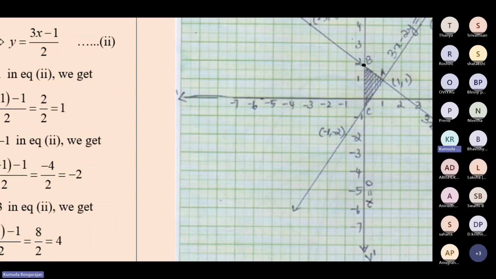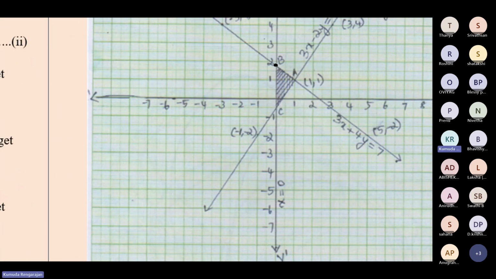But it's not passing through 2. We can see that it's not passing through 2. It's somewhere here. So you can just write an approximate value, 0, maybe 1.7 or 1.8. Or if you can clearly see that it passes between 1.7 and 1.8, then you can write 1.75. So that is fine. But you should not write 2, as I told you. I just overlooked it. It doesn't pass through 2 at all.